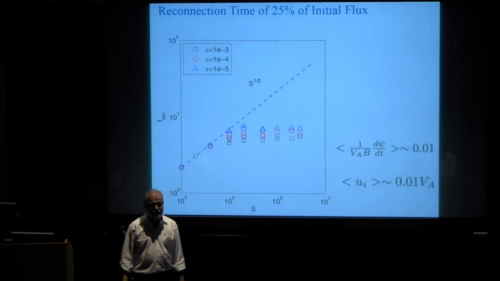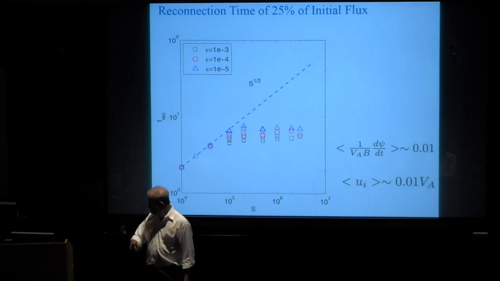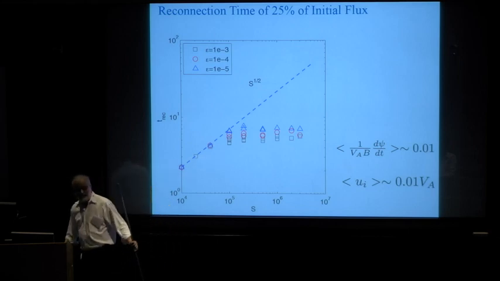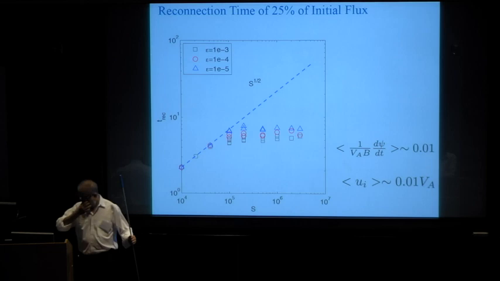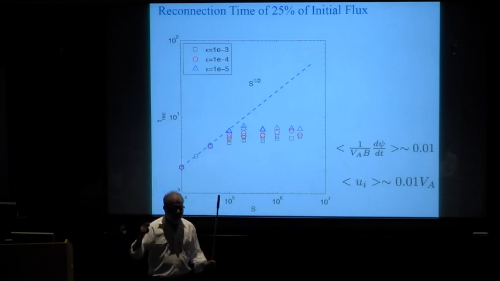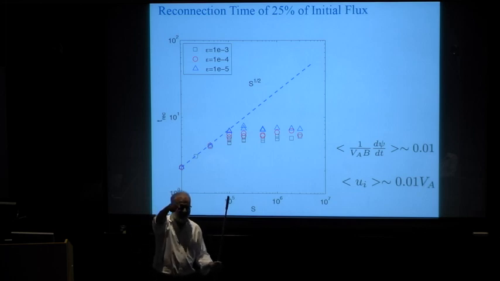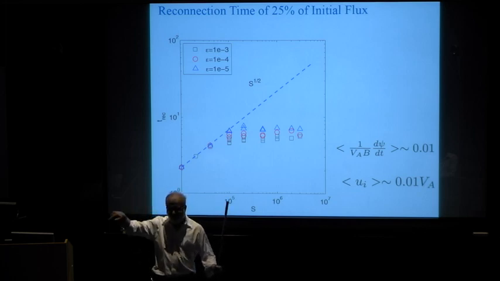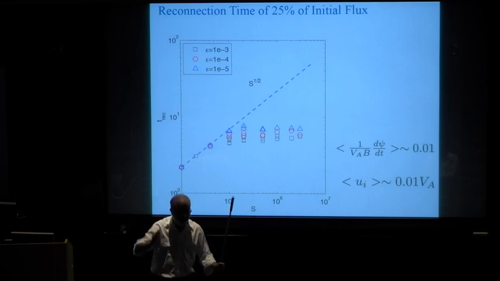That means you don't have to track, as long as you're over a certain threshold. But why was I saying that this created a problem? It created a problem for me and for those who believed that the transition from Sweet-Parker to c over omega pi width gave you a sudden onset, remember?